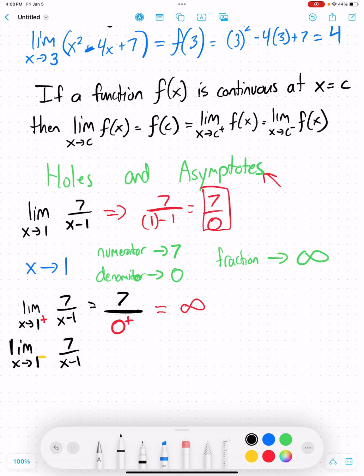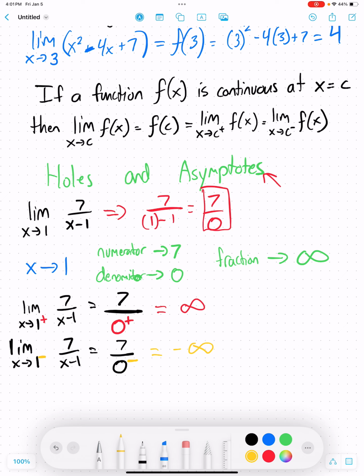If I take that number and subtract 1, I'm going to end up with a negative value. I'm still approaching 0, but I'm approaching 0 from values that are negative. I'm getting infinitely small, but it's negative numbers that are getting infinitely small. What does that tell us? That tells me that my limit is negative infinity.